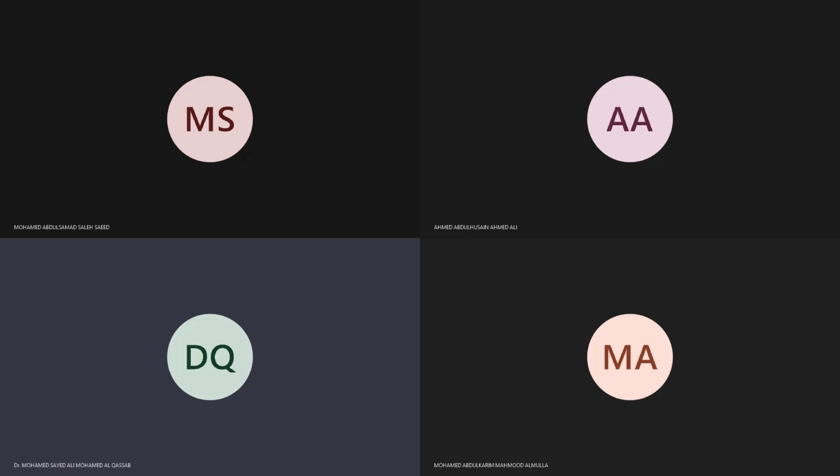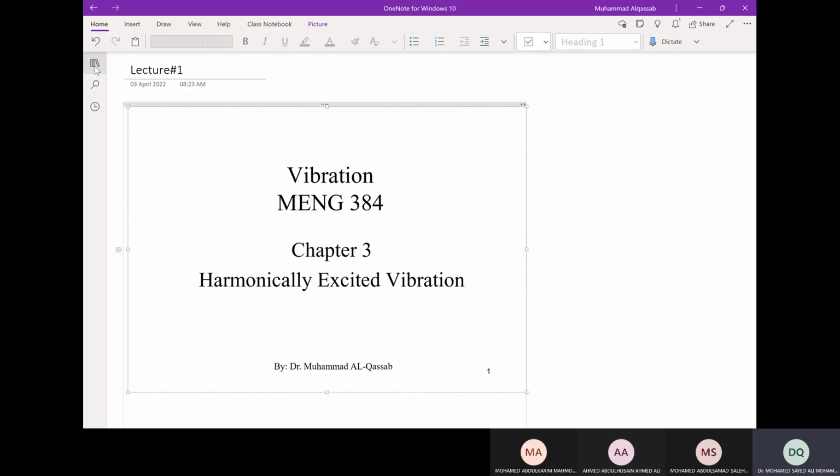Chapter 2 was about free vibration, and we discussed the undamped and damped free vibration, and the last one we did was about Coulomb damping. In the free vibration, we looked at the amplitude and the frequency of oscillations.